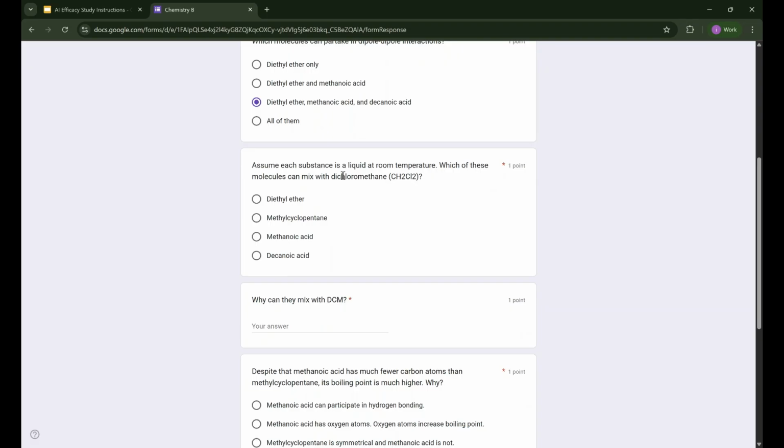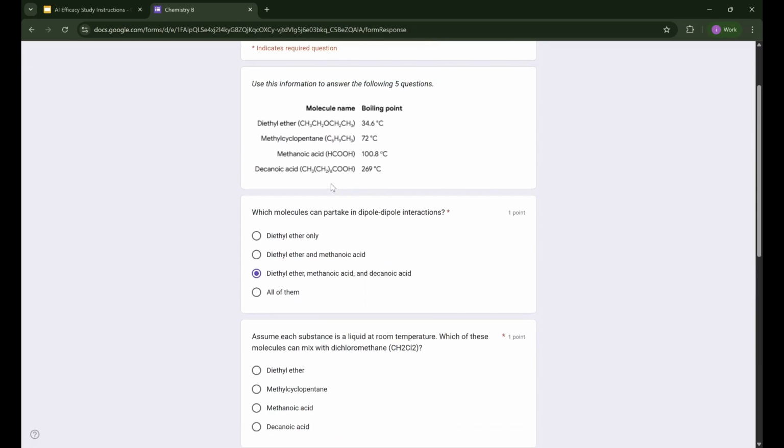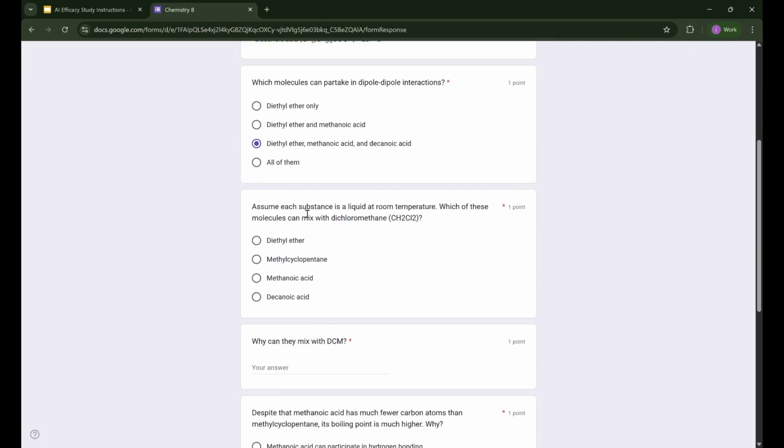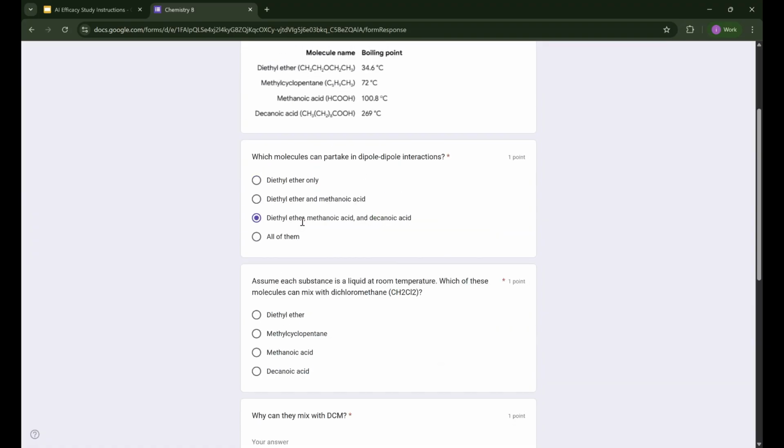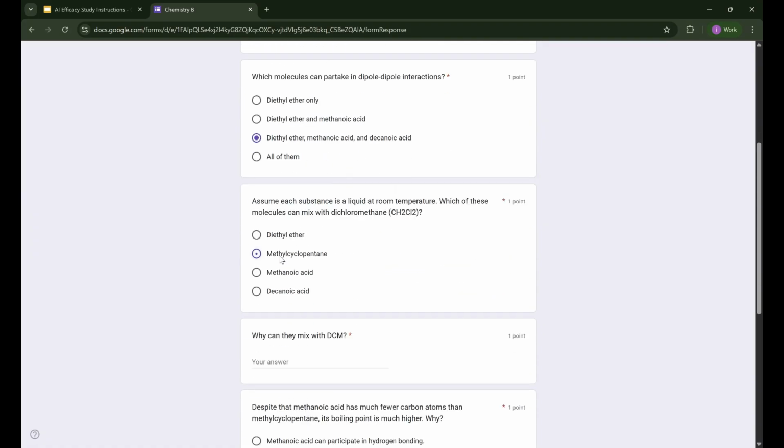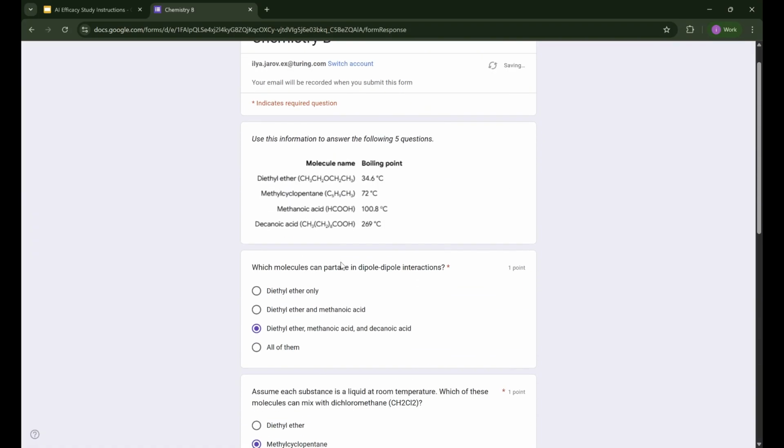Mix probably means the one with... I'm not sure if it gets bonded or not, but this one strikes me as the odd one out because it doesn't have, I forgot what it's called, but that bond, like the OH bond. So just stick with it. I'm not sure.